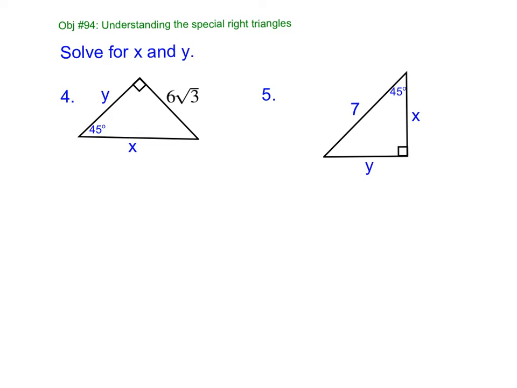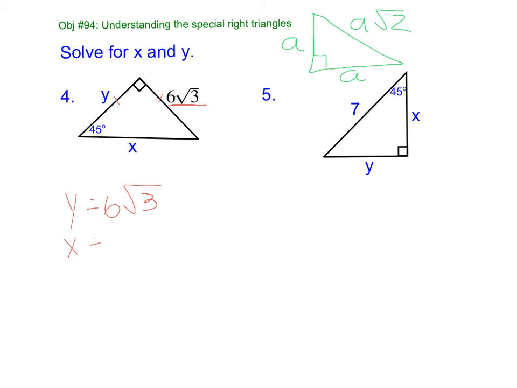So instead of x root 2, here's what I'm going to do. Let's do a root 2. Okay? So if this side is 6 root 3, right? That means that this side, because these are equal, so y is also 6 root 3.